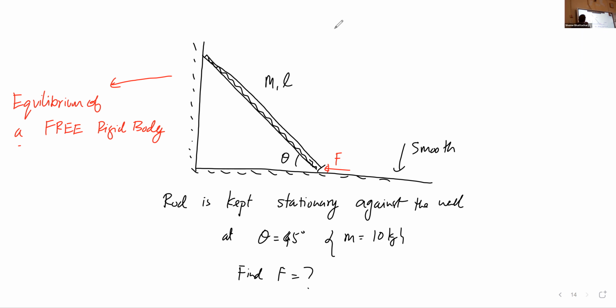Okay. The condition for this is that net force will be 0. Okay. And net torque is 0. And this net torque can be taken about any convenient axis.